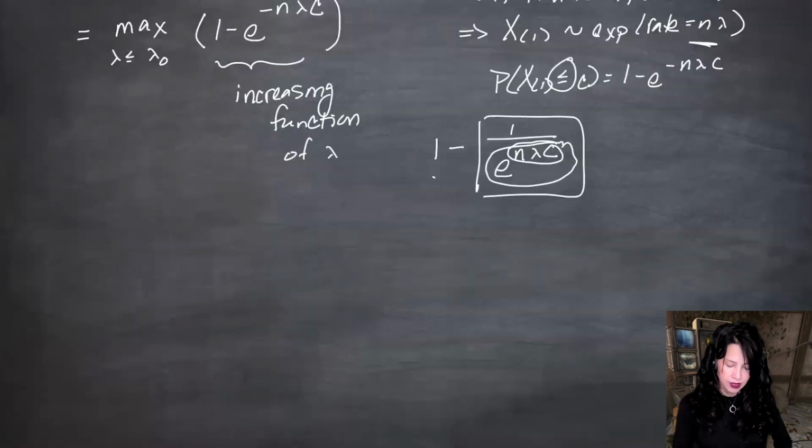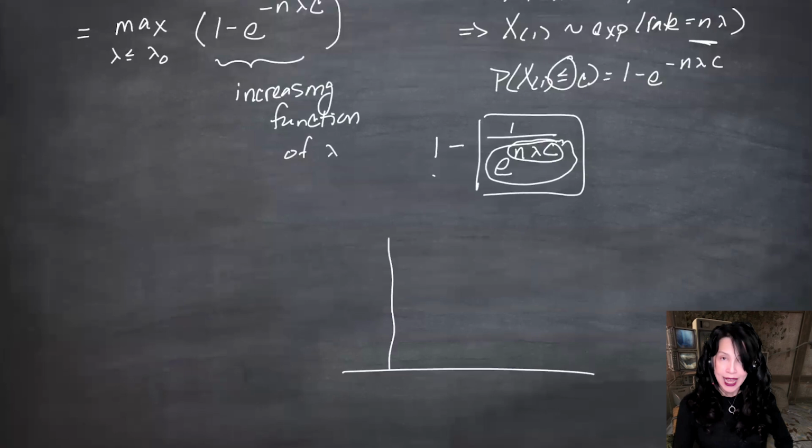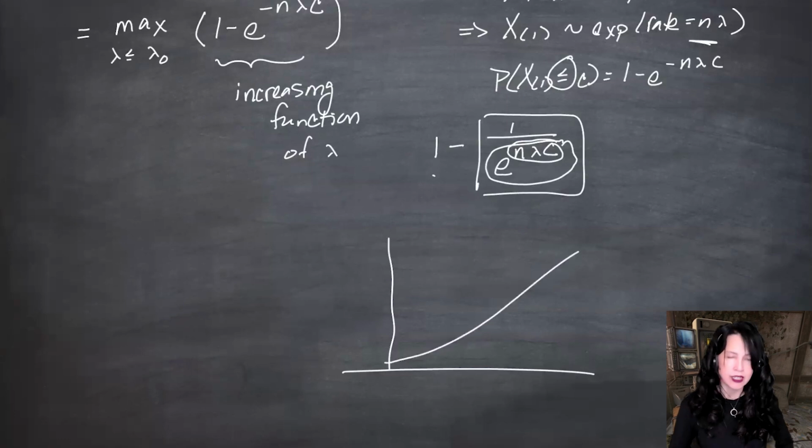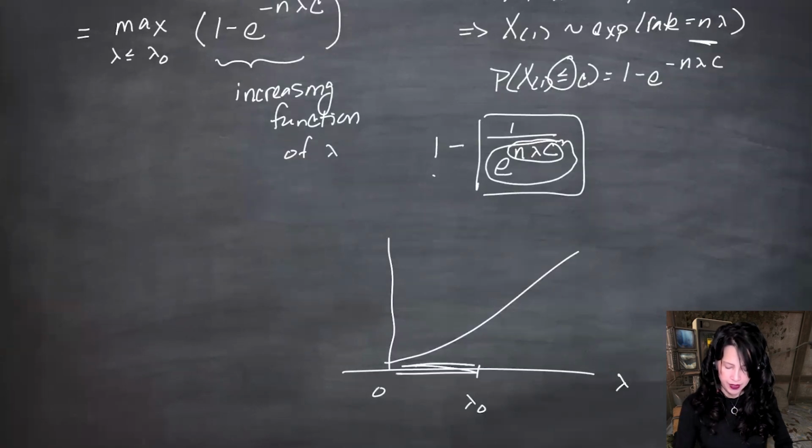So without thinking about how it really actually looks, I'm just going to draw, I don't want it to look linear, an increasing function of lambda. So if we want to maximize this probability over this region, that maximum is going to occur at that endpoint where lambda equals lambda naught.